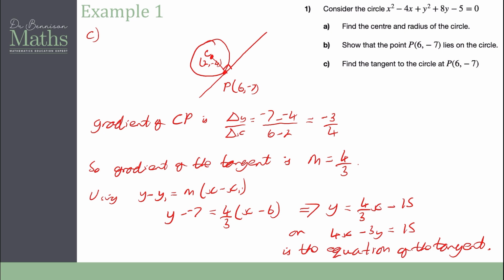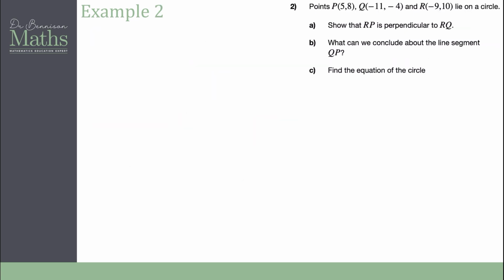Okay, let's do the second example. So I've got 3 points. I'm told that they lie in a circle. I want to show you that RP is perpendicular to RQ. So if I find the gradient of RP and the gradient of RQ, they should multiply to give -1 if they're perpendicular.